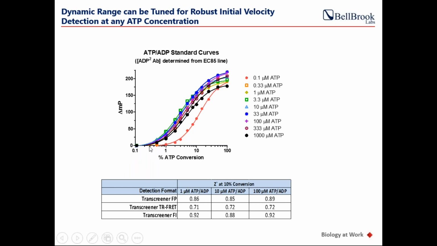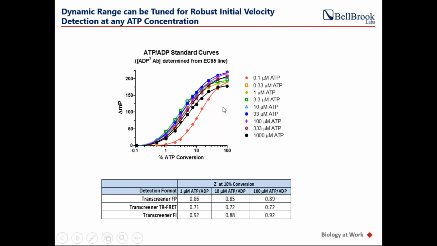So here it is again, where we're looking at the percent conversion of ATP to ADP, starting at different initial ATP concentrations. If you're running a kinase for screening or for inhibitor profiling, you often want to use the Km concentration of ATP, so you need flexibility in terms of your ATP concentration.